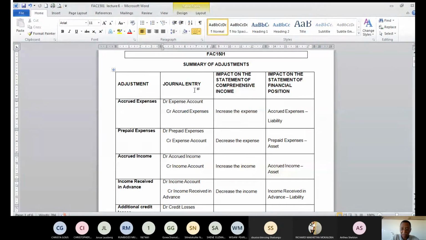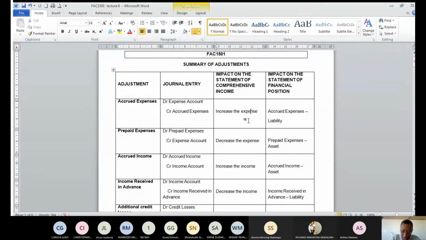The impact on the statement of comprehensive income is that you must now increase your expense. For example, if you have already paid out 200,000 Rand in wages, and now we get additional information that we must still pay another 10,000 Rand for wages that we didn't pay, that 10,000 is called accrued expenses because we didn't pay it.